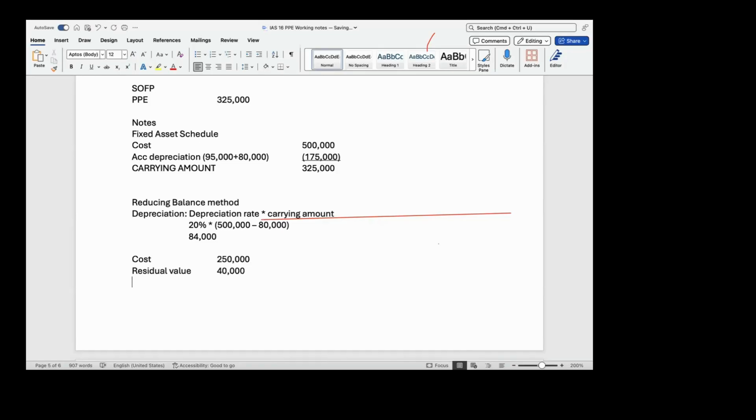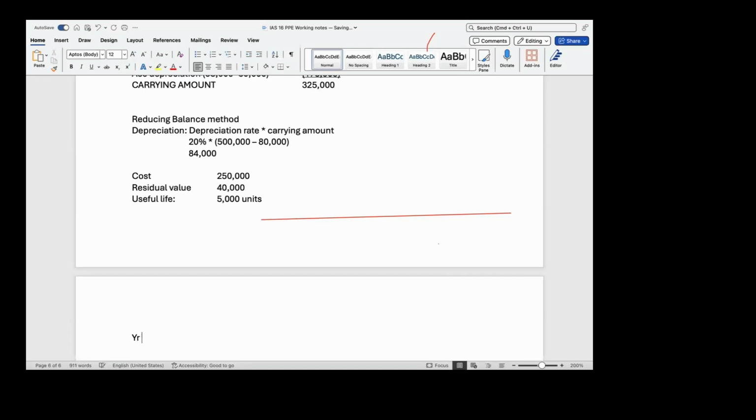They now give us useful life. They give us 5,000 units. They now said that in year one, the asset can produce 2,000 units.